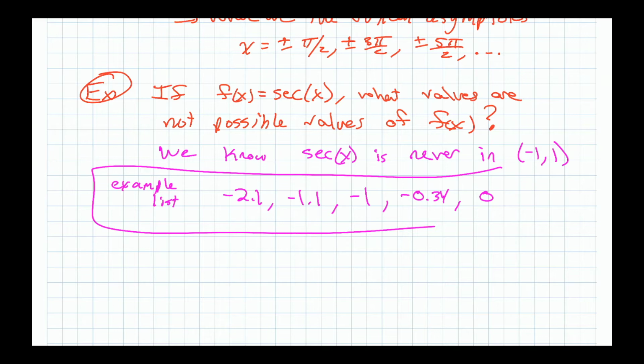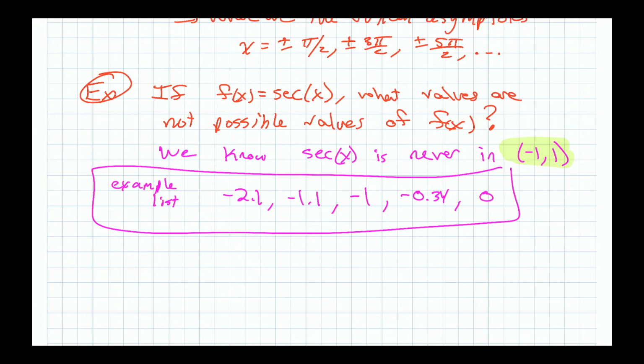Like which of these are possible values? Well, the possible values are the ones that are outside of this interval. They need to be above 1, including 1 actually, or below -1 or equal to -1. So which ones are allowed?